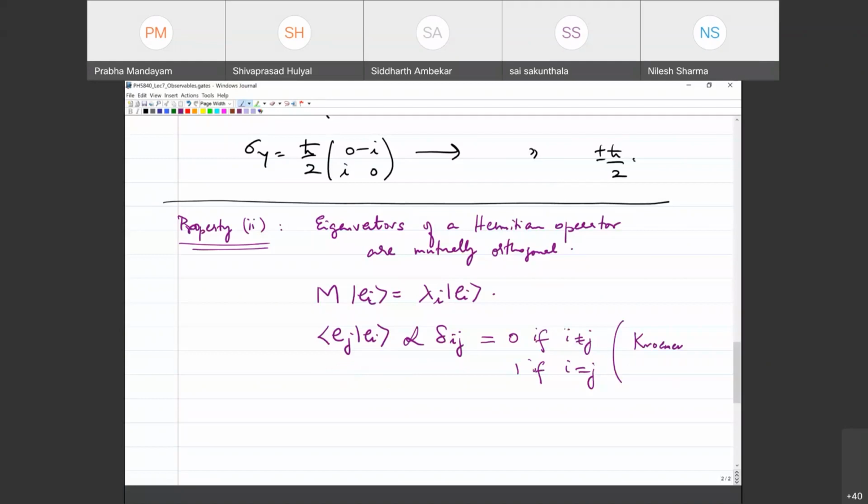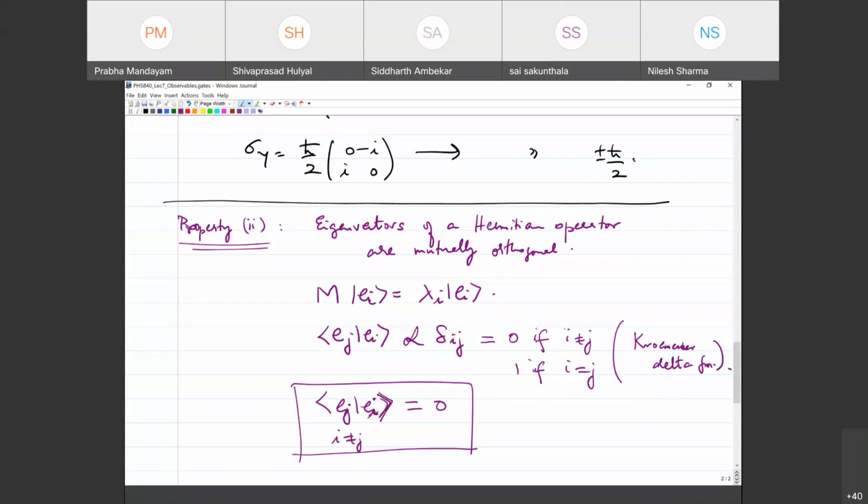But in particular, I want to highlight this property that when i is not equal to j, this is equal to 0. So the eigenvalues are all real, and the eigenvectors associated with different eigenvalues are mutually orthogonal, right?